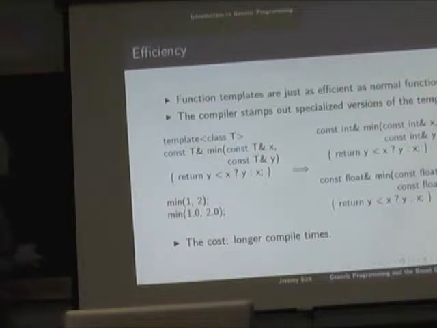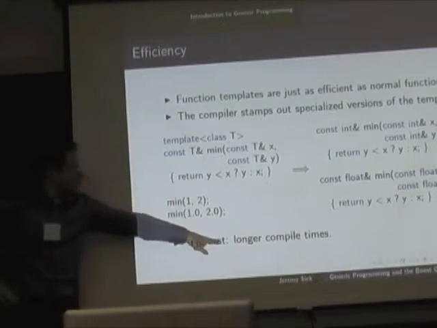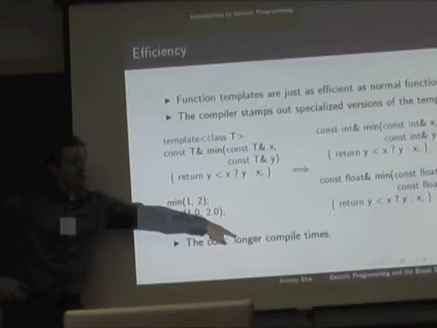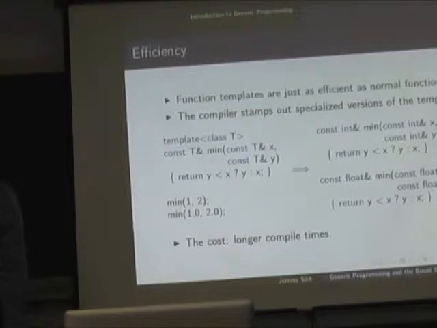Now, you never get anything for free, right? So what's the cost of this? Well, here's the cost, and you probably all know this really well. We have some pretty long compile times in C++, okay? And that is the cost of our high efficiency. There's no way around it.